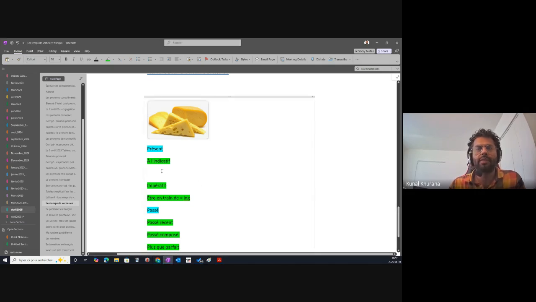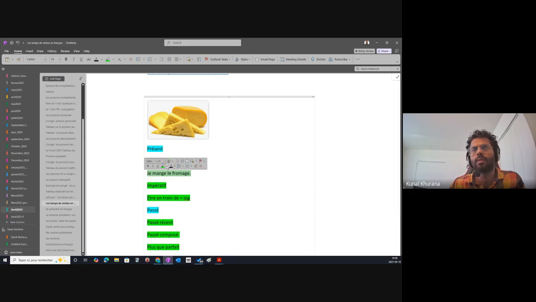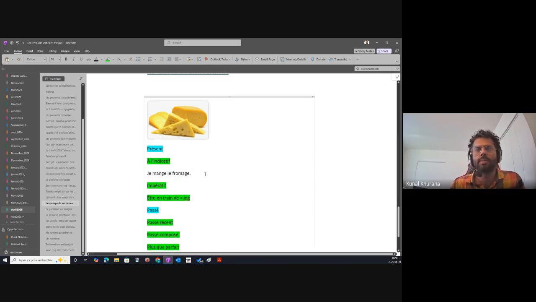So the indicative is just conjugating the present verb. Je mange le fromage. So that's just conjugating the main verb, that's manger, with the subject, that's je.